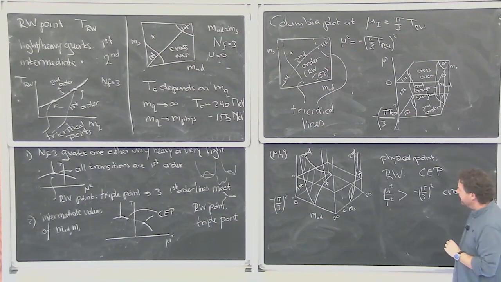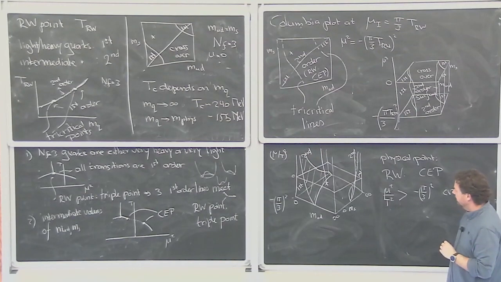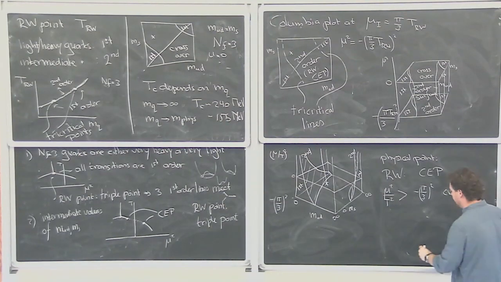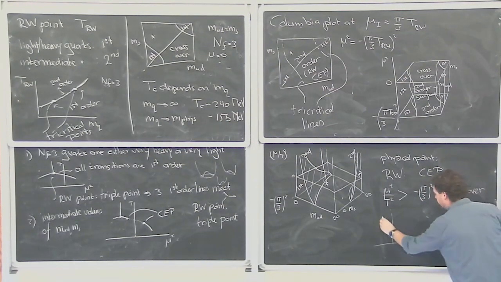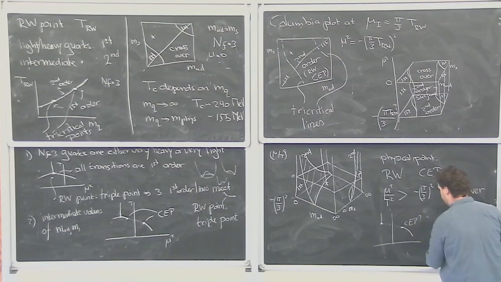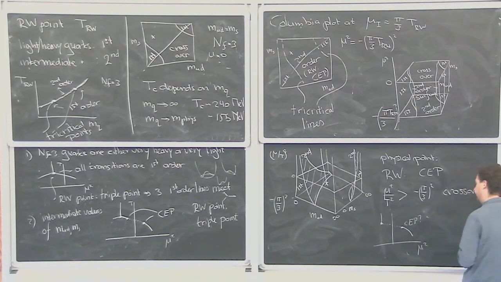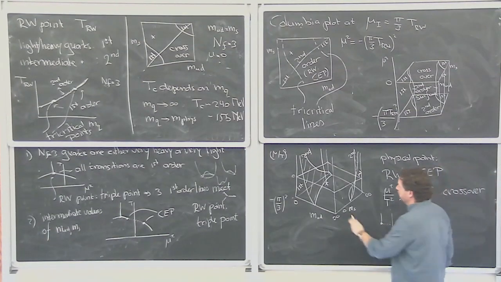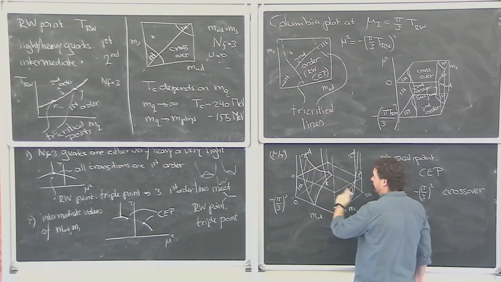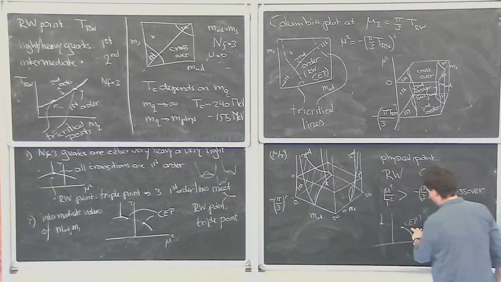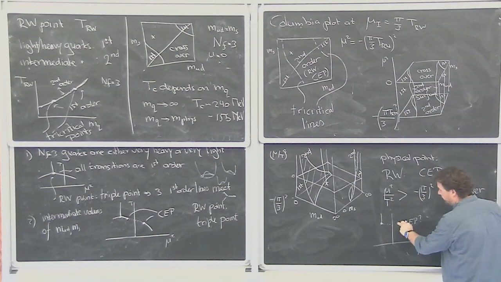Now, how could it be a critical endpoint again? So how could we turn this transition from crossover into a critical endpoint for real mu? Well, one possibility would be that this surface here, so it becomes a critical endpoint if it's first order on this side, critical endpoint, crossover.